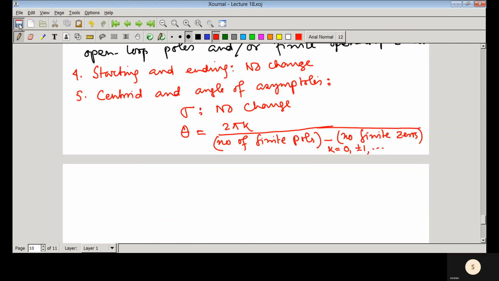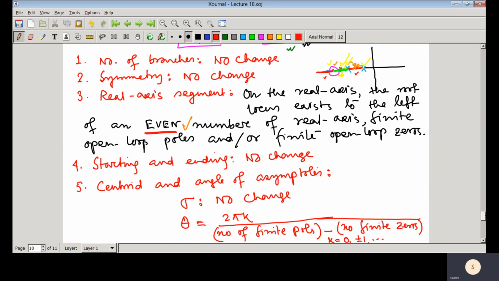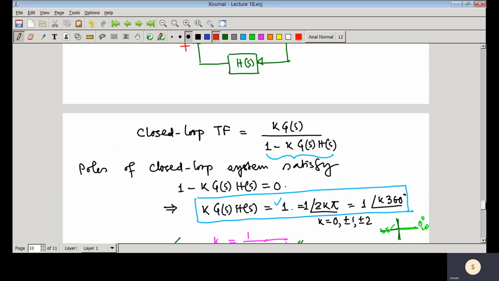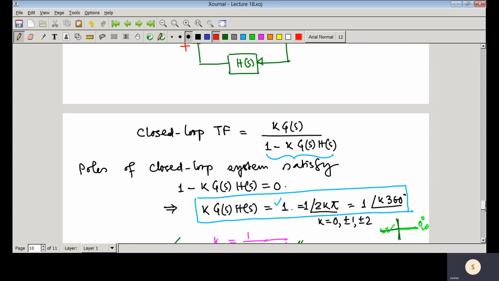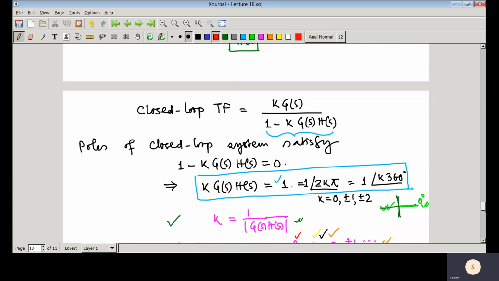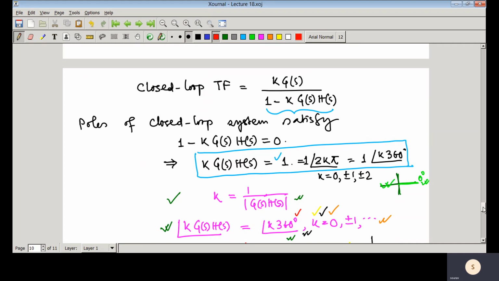So what we have seen is, in place of negative feedback, if we consider positive feedback, what are the changes that we can see in the rules for sketching the root locus? Those changes occur because of the angle condition, because in this case the characteristic equation would be 1 minus k g(s) h(s) equal to 0.